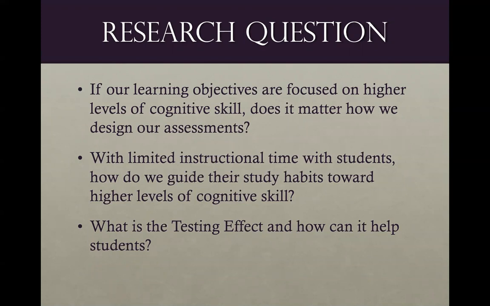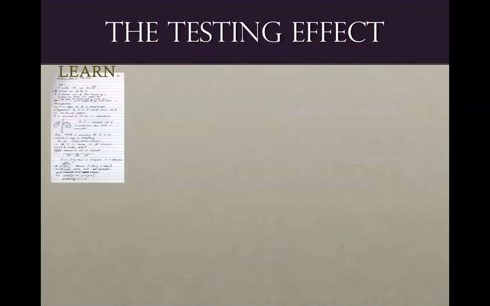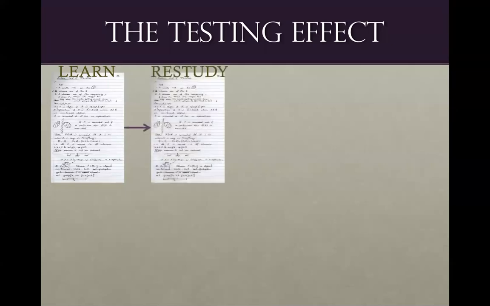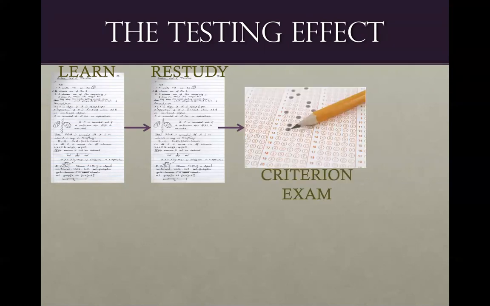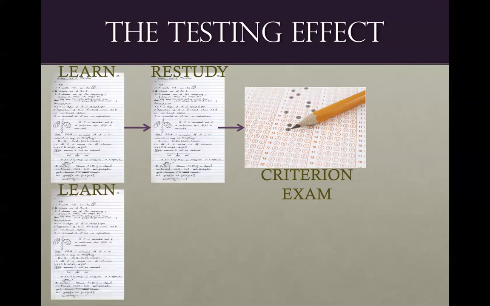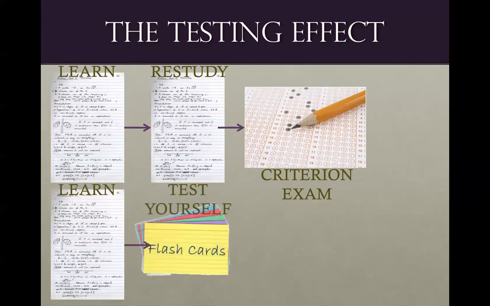So let's talk about this testing effect and what it actually is. So if we're talking about the testing effect, you might learn some particular materials, and you have students restudy those materials, and then at the end they take some kind of criterion exam, like the final exam. Versus if you have them learn the material and then you test them on it, or they test themselves using flashcards or whatever, and then take the criterion exam.